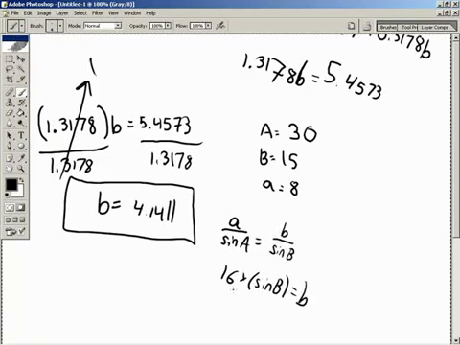Sine 15 was 0.25881904551, so 16 times all that gives 4.1411. In fact, it's the exact same number we had above. So as you can see, we got the same answer for b in a lot less time.